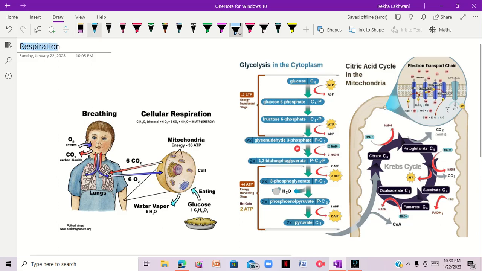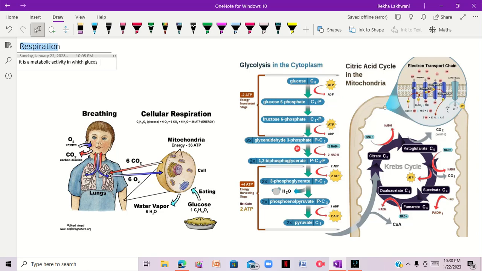Respiration, right? So now what is basically respiration? Basically respiration is a biochemical reaction, or you can say a metabolic activity in which glucose breaks down to give energy.